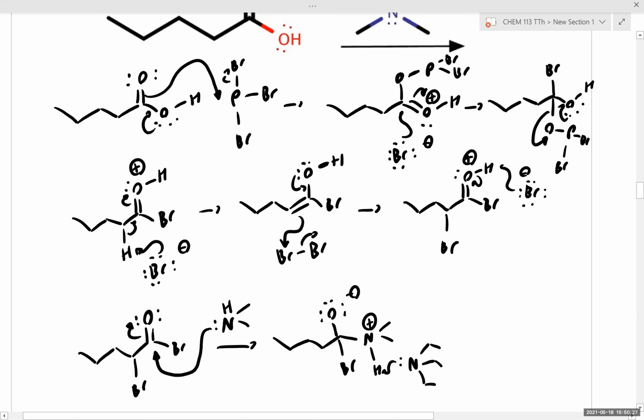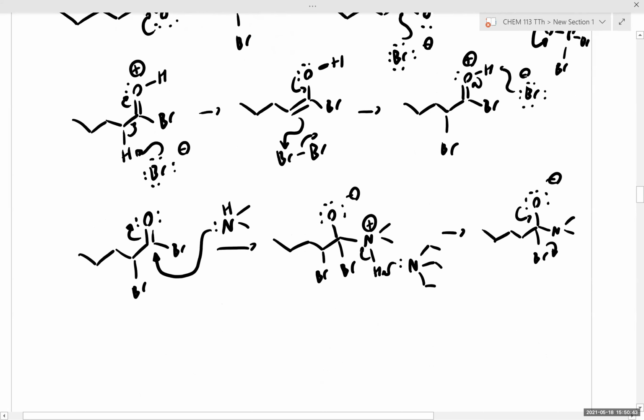Triethylamine will pull off this acidic proton. And then from here, we can collapse this tetrahedral intermediate to get our desired amide product.